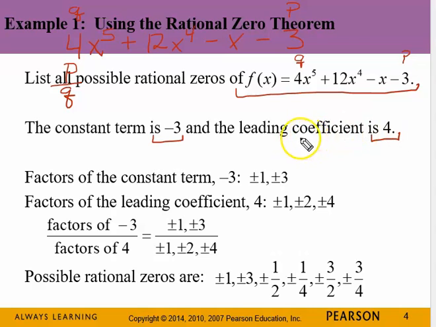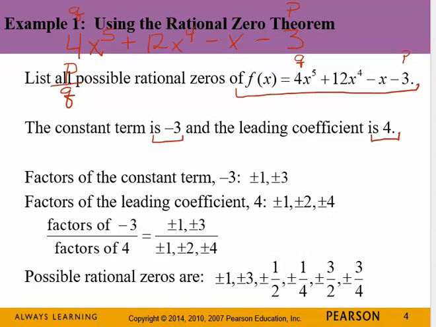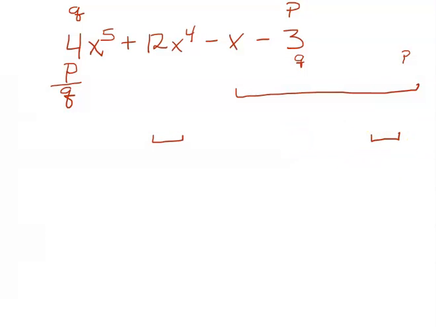Basically what we want to do now is find the factors of -3, and then later the factors of 4, keeping in mind that they're plus or minus. So as we see this here, let's go to the whiteboard. We want to keep that and get rid of some of this.